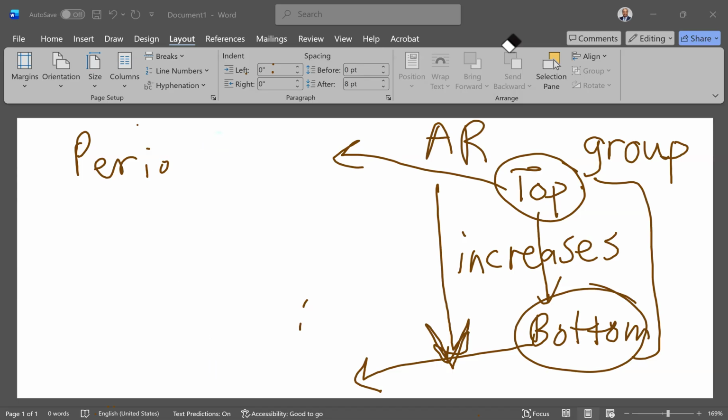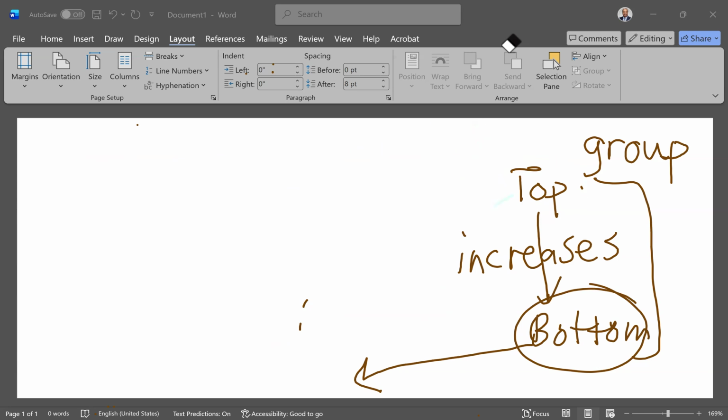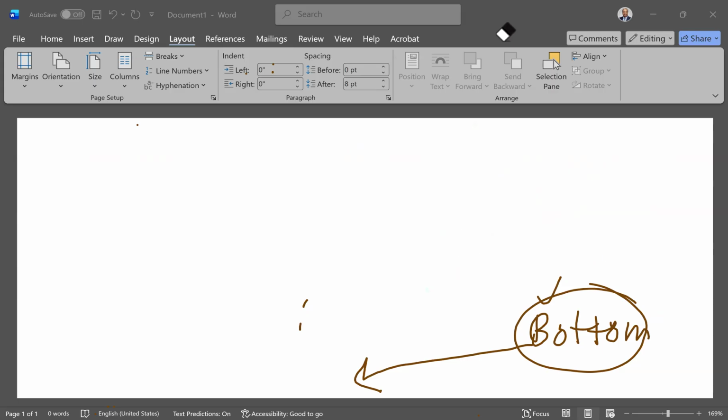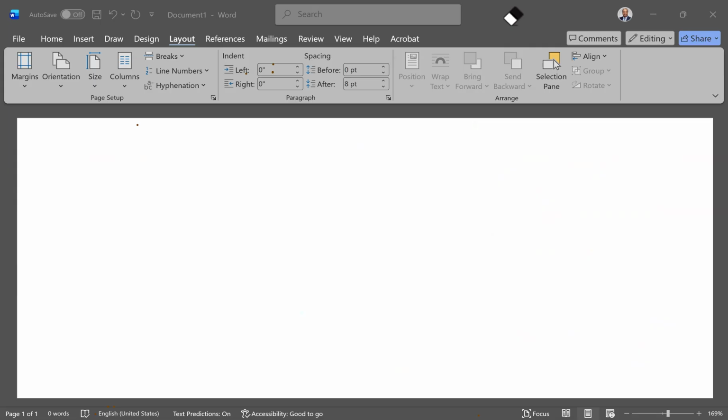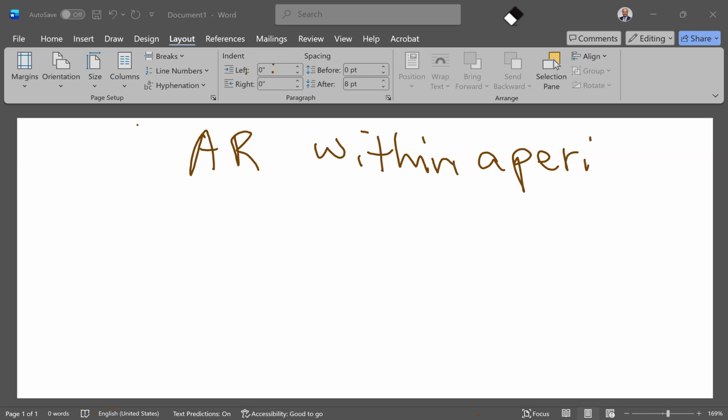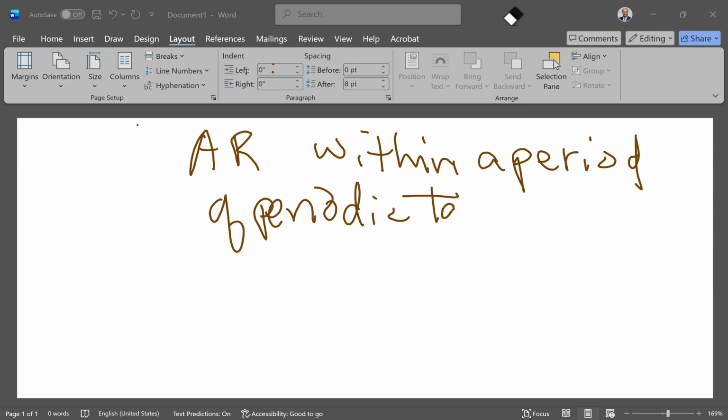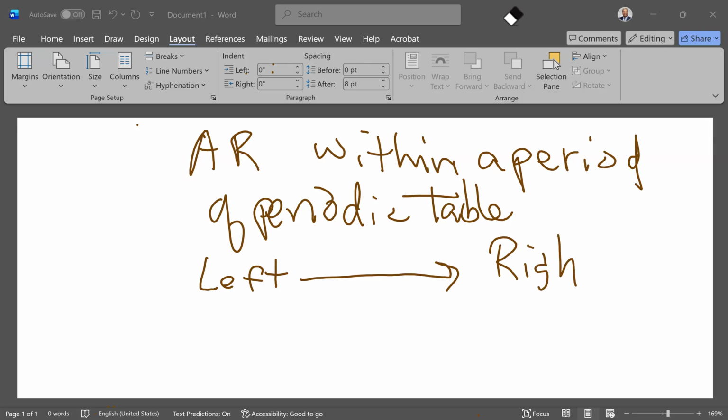So if we are looking at the atomic radius within a period of the periodic table, then what you will see is that from left to right, the atomic radius AR will decrease.